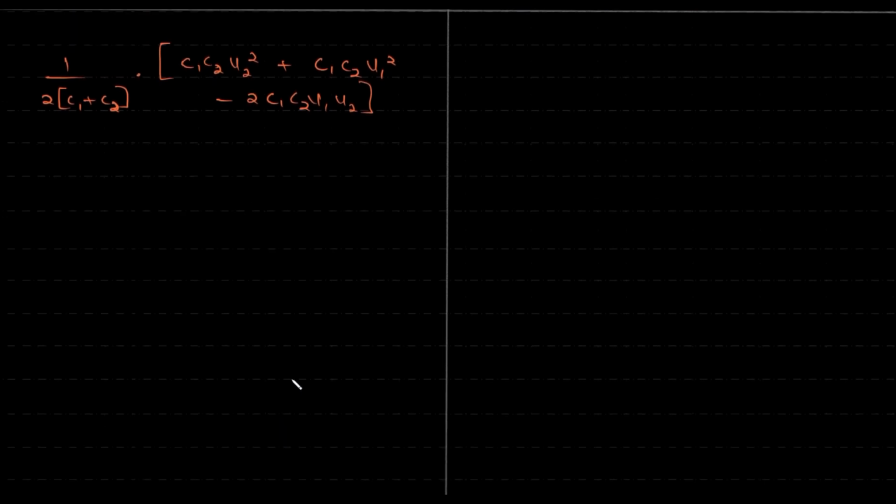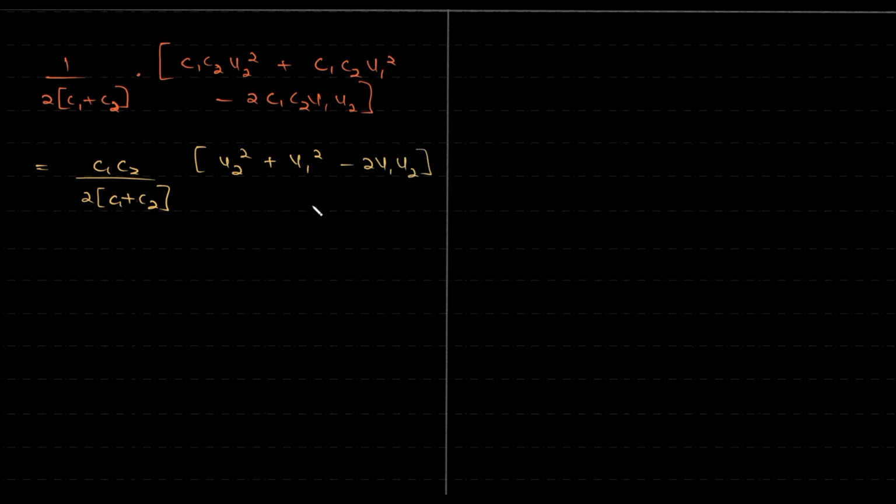So finally, what do we have? We have C1 C2 common. So the final expression is C1 C2 divided by 2 times C1 plus C2, and in the numerator we have V2 square plus V1 square minus 2 V1 V2.